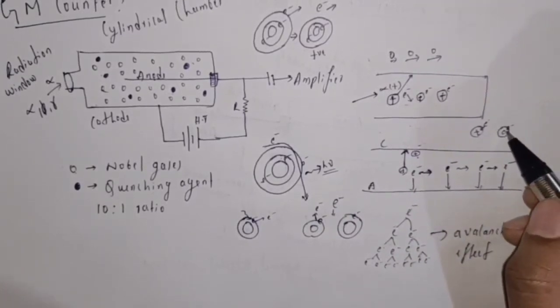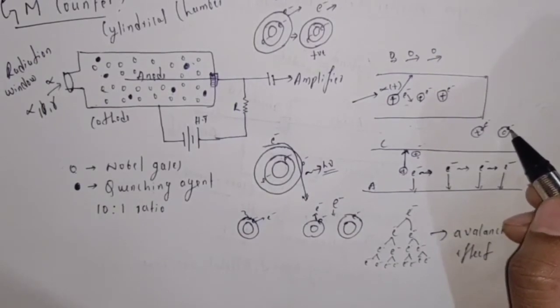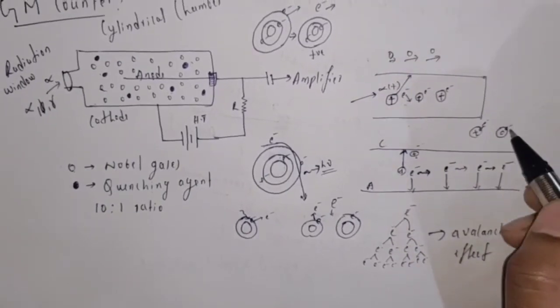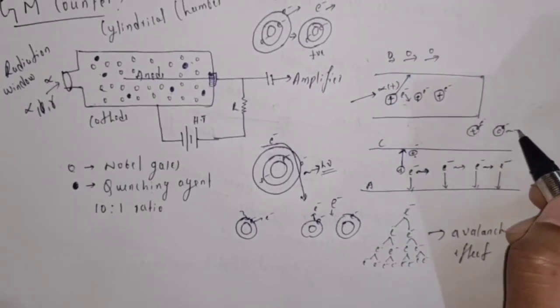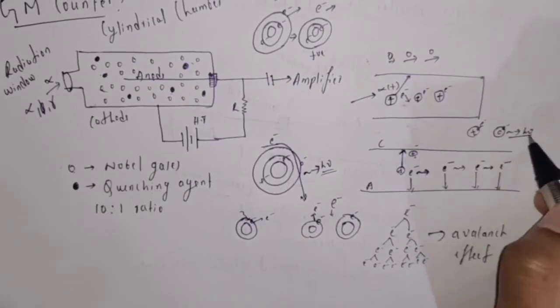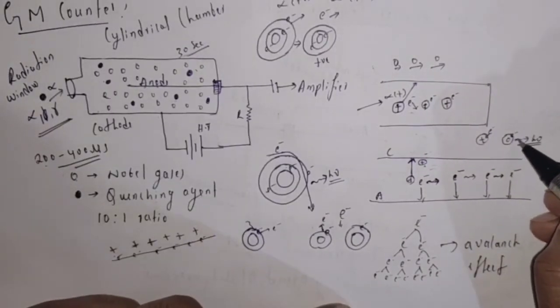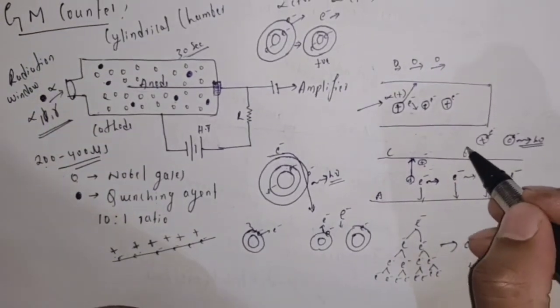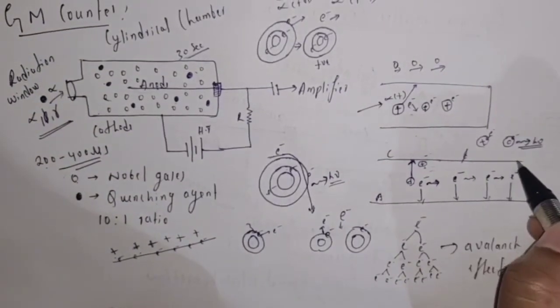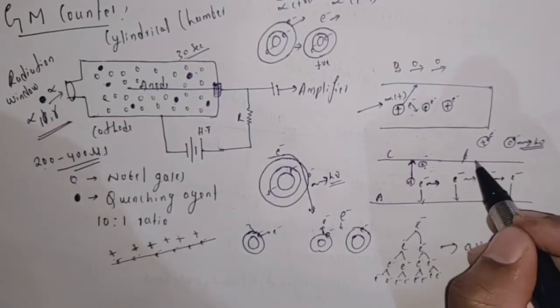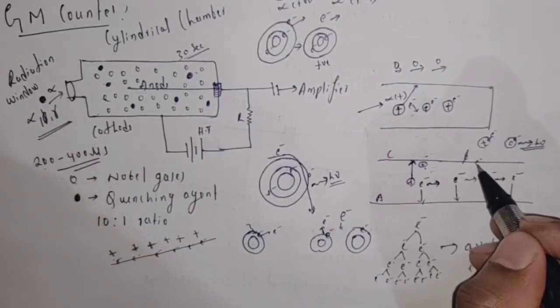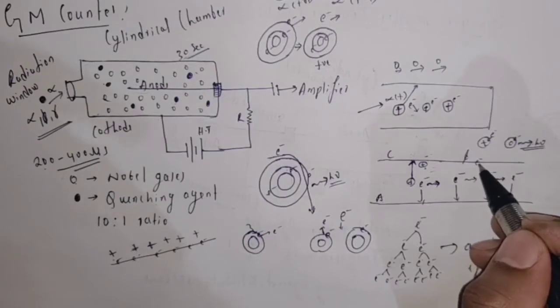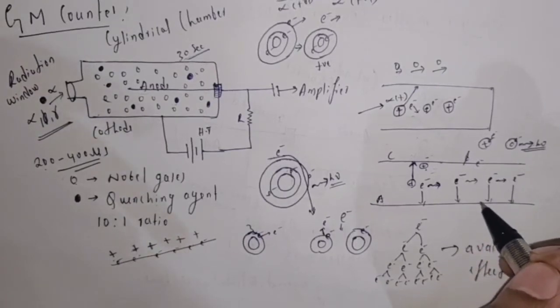Here what happens if the electron has excess energy? It comes to the ground state by emitting a photon. And if this emitted photon has an energy greater than the work function of this cathode, then this photon emits some of the electrons present in the cathode, and again this electron moves towards the anode and creates the avalanche effect.